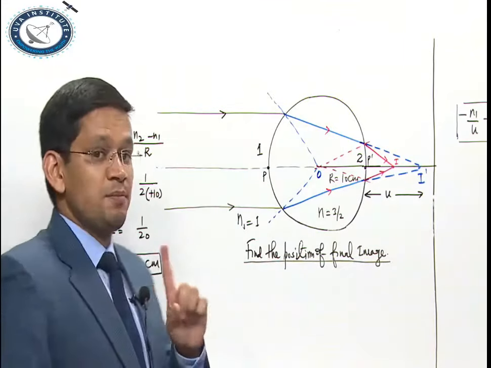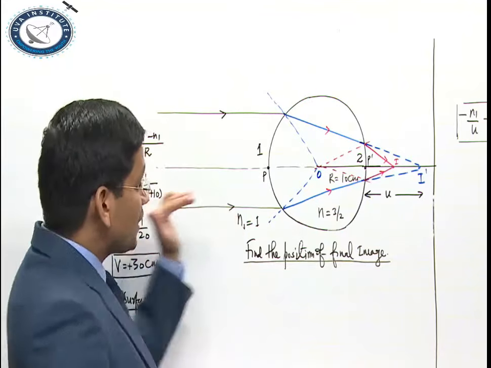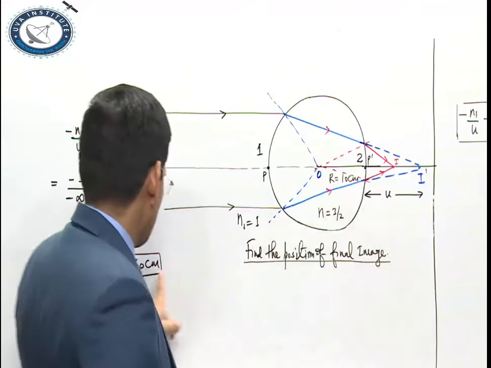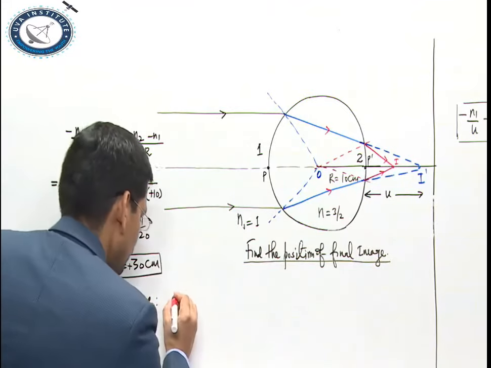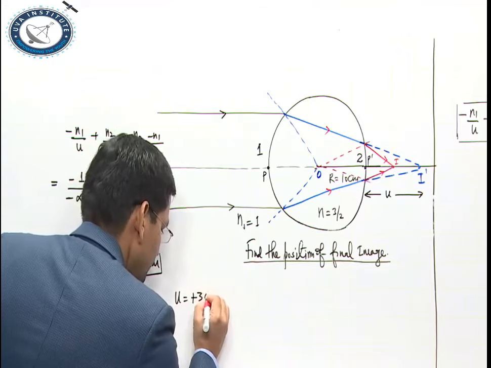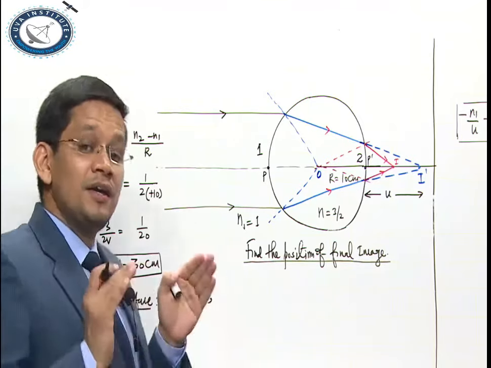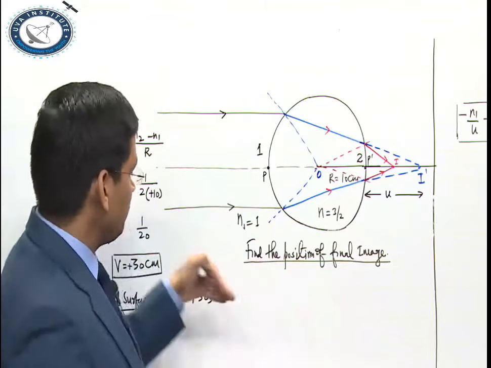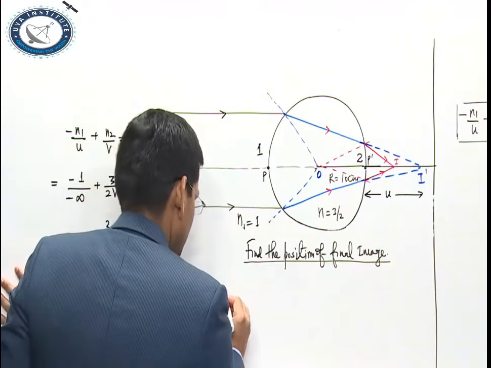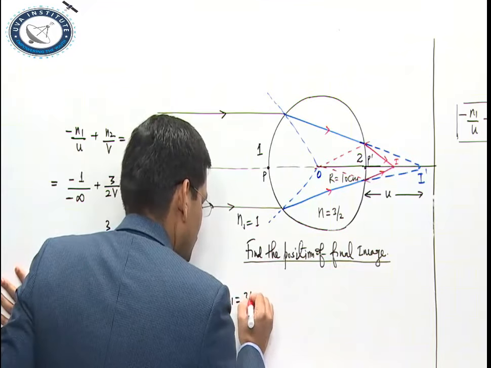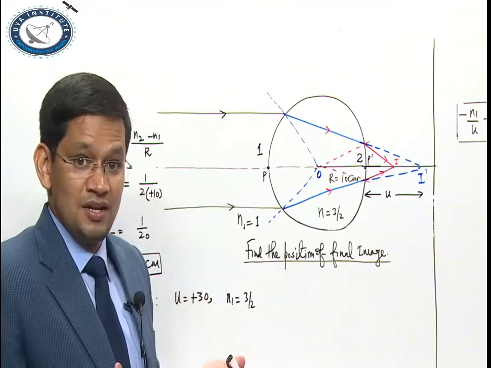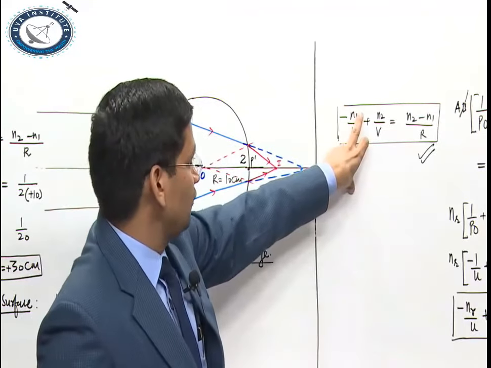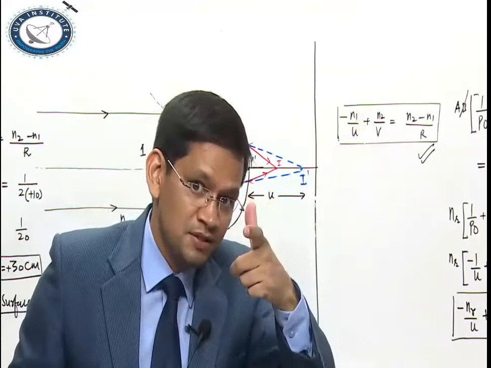Now, this u is positive because it is in the direction of light. This is 10, this is 10, this is also 10 because the total is 30. So, this u is plus 30. Here, the object is placed in the denser medium. So, in this situation, my n1 now is 3 by 2. Because this n1, please understand, is the refractive index of the medium where the object is placed.